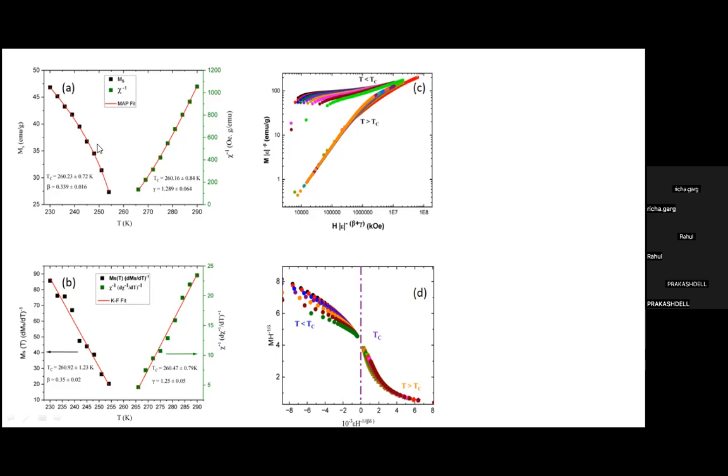Whatever temperature I have taken for spontaneous magnetization, I have taken in this plot. This epsilon is nothing but (T minus TC) divided by TC. At a given T, let's say 230K, and TC is 260K, divided by 260K. So what we have done is actually normalize. This is a normalized equation, and I have taken the logarithmic plot. We got T greater than TC and T less than TC, they are actually two different universality classes.